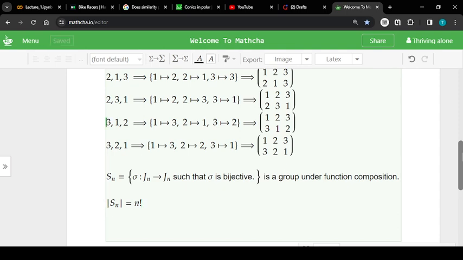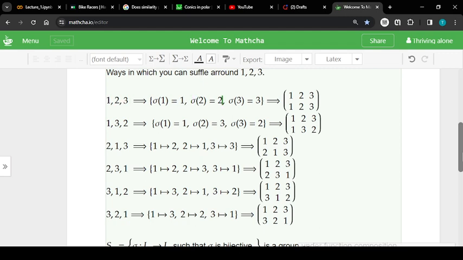Okay. Now, how do we write this in the famous cycle notation? How do we do it? Okay. Now look at it. Everything is fixed in here.